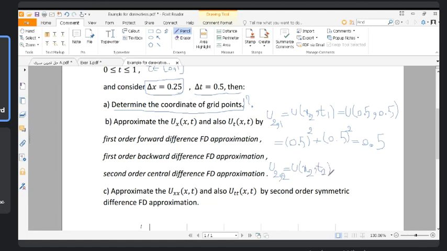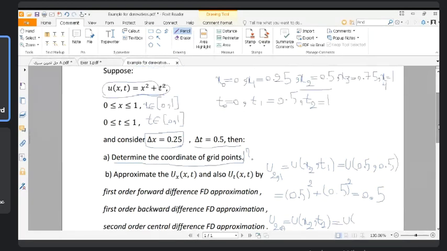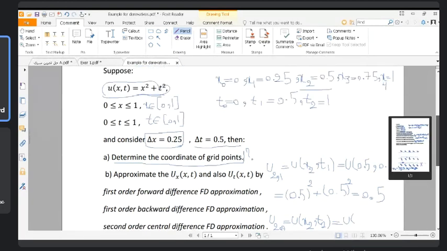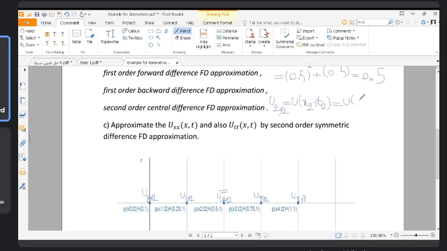Okay, equals to u of x2 is 0.5, and t2 is 1.